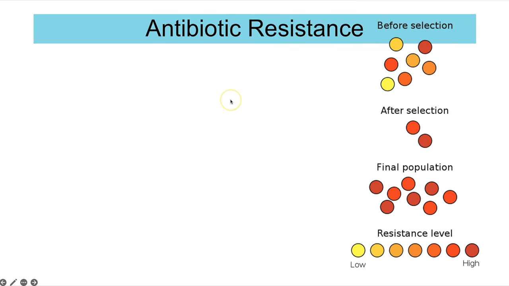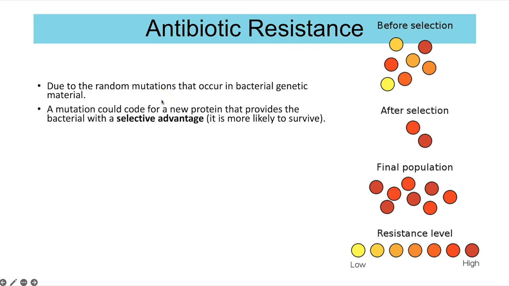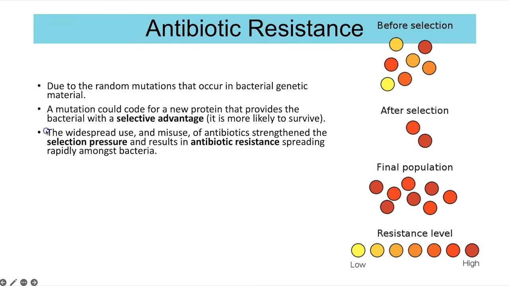Now, antibiotics are not a perfect medicine because antibiotic resistance has developed in bacteria. This has happened through random mutations in the DNA of bacteria. By chance, a mutation would have occurred, which results in the production of a new protein that provides a selective advantage, meaning it creates a protein which now means that the antibiotic cannot kill that particular bacterium.